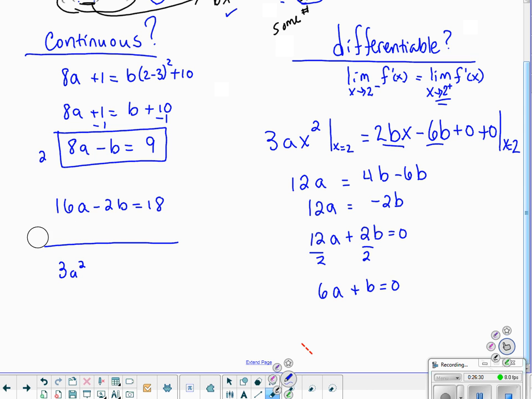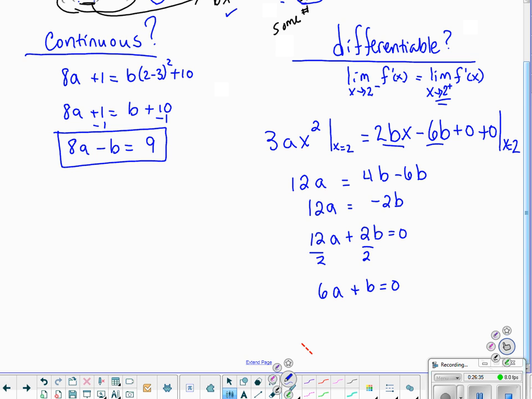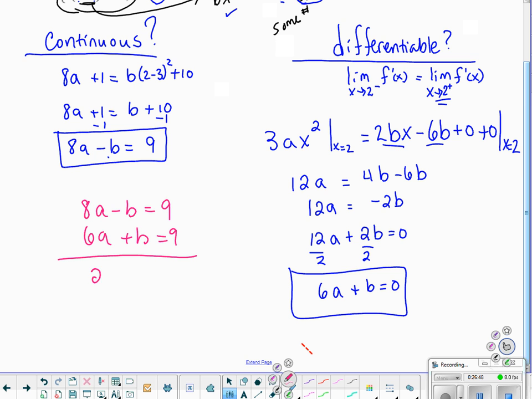All right, now, much better system of equations here, because we have negative b and positive b. Bring these two together into a system, and voila, we get 14a equals 18.